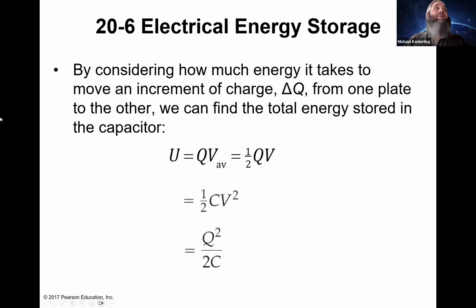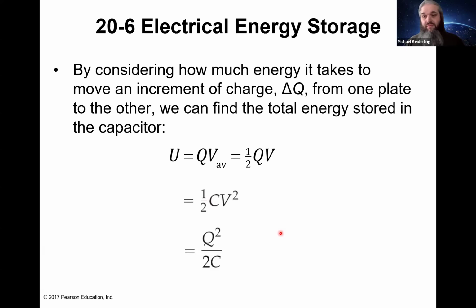And because capacitance is charge over voltage, you can write that as 1/2 capacitance times voltage squared, or charge squared over twice capacitance. Though 1/2 capacitance times voltage squared gets used more often because voltage is easy to measure and charge is hard to measure.